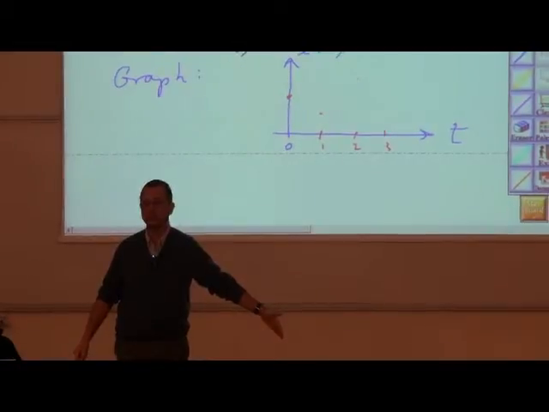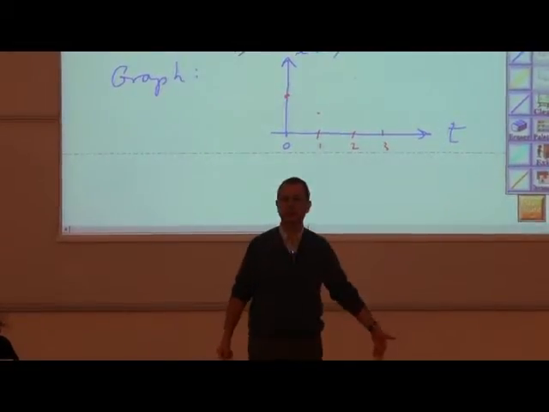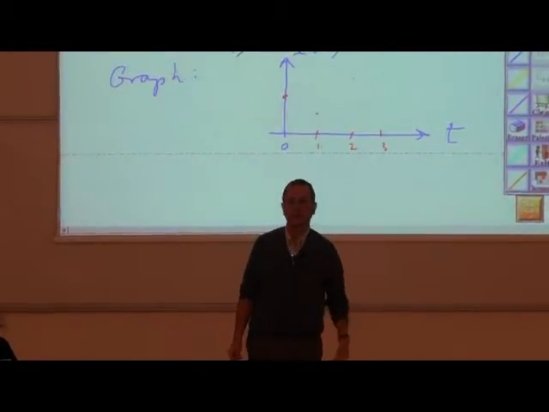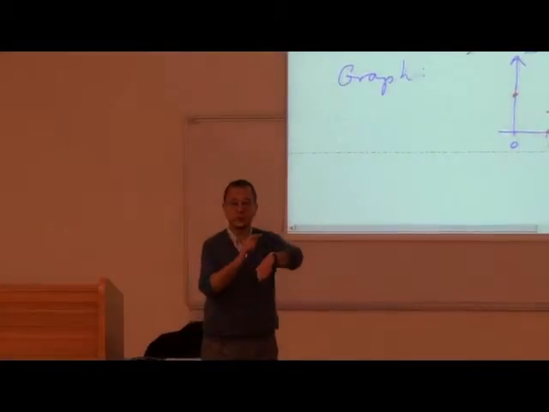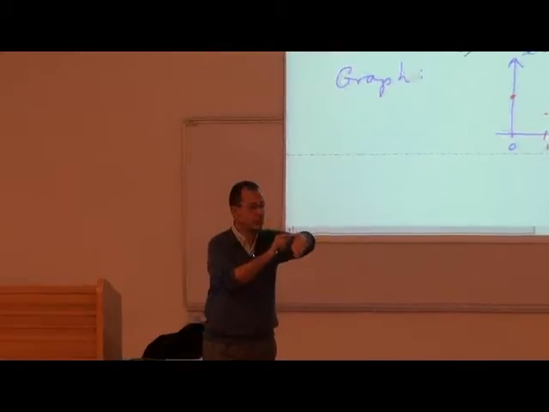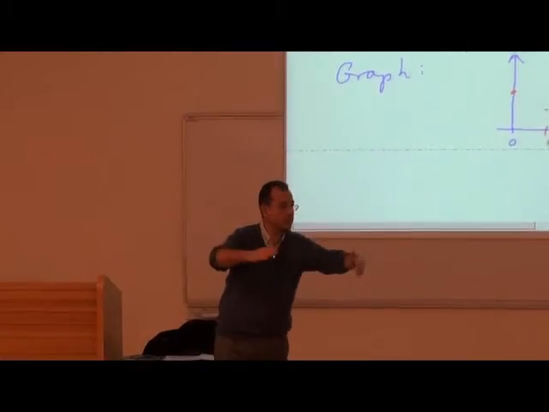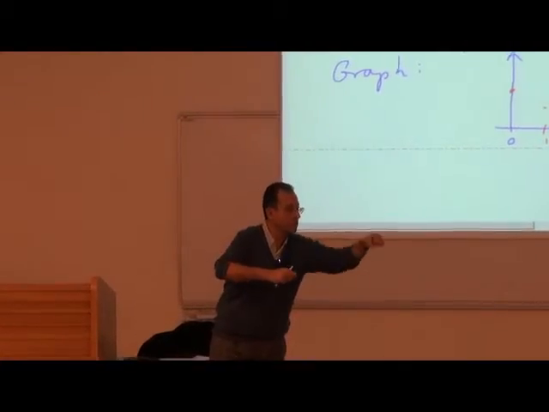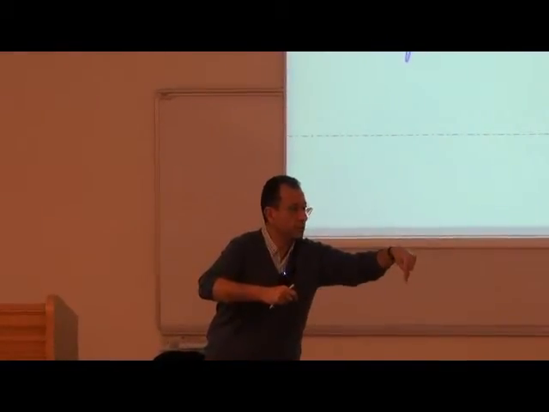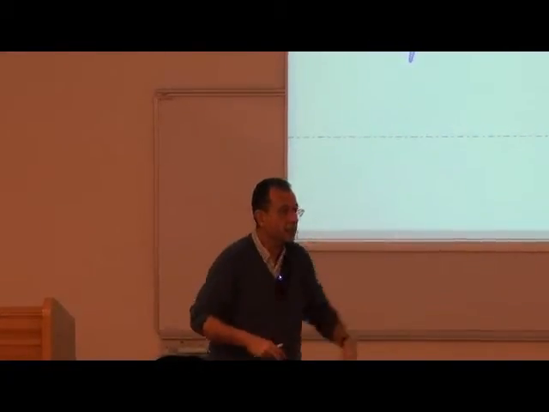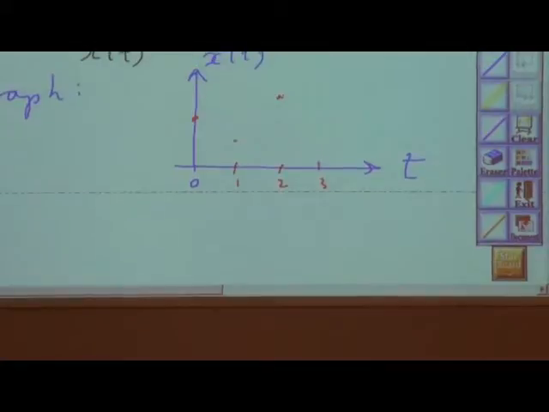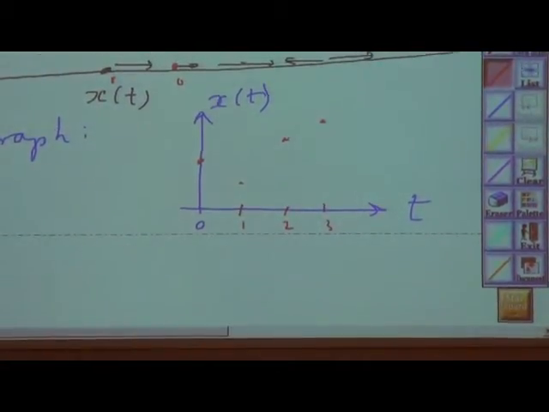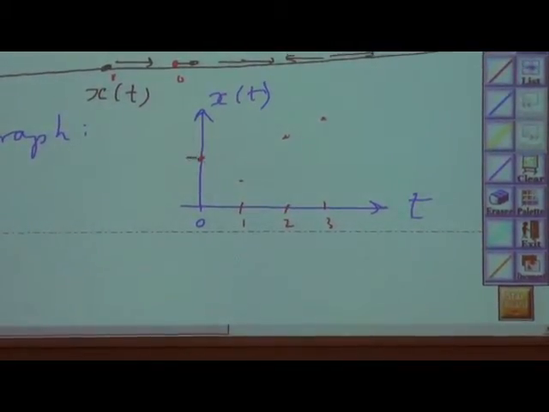At t equals 1, it went back to 1.5 meters. At t equals 2, it was at 3 meters, etc. So I note against each time, so many seconds, the position, so many meters, plus or minus, with respect to some reference point, some origin. Okay? Then I can plot this. I can graph it. I just note all my measurements and then join them up.